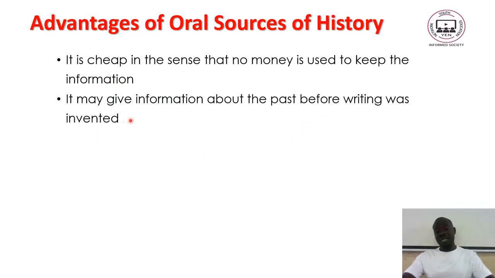As we have already pointed out, there is that type of history, prehistory, when there was no writing or reading. How do we know about that? It is through the oral sources, whereby we know about the past through the songs, through the folktales, through the proverbs.